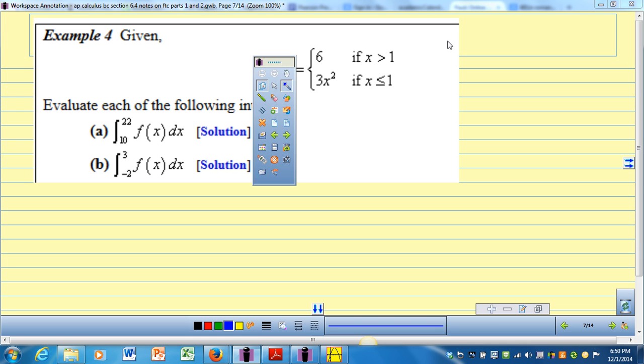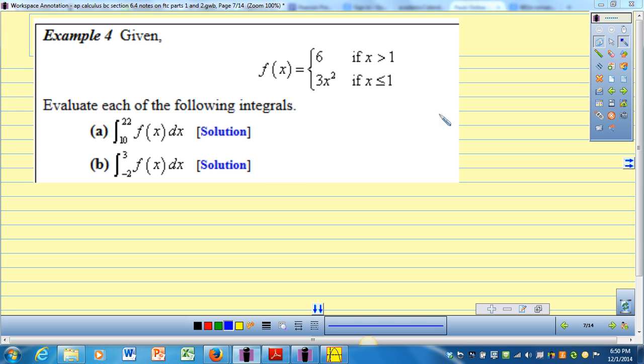All right. We took a look at this one in class as well, the piecewise function. And the key to integrating with piecewise functions is to make sure you are integrating in the proper branch. In letter A, we're integrating from 10 to 22. Well, that is all in the x greater than 1 branch, so we'll be integrating 6 for our f of x.